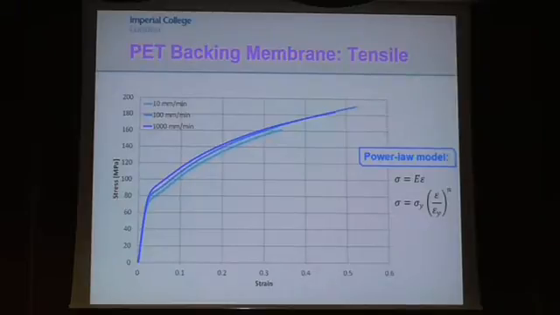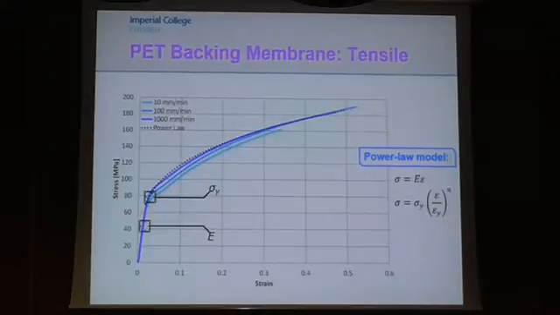It's a PET film, Scotch-Pack 9757. I've done tensile tests at different rates, and it's more or less rate independent. And I can model it very simply using a power law material, so I just have a modulus, and then the power law fits the plastic part of the stress-strain curve.